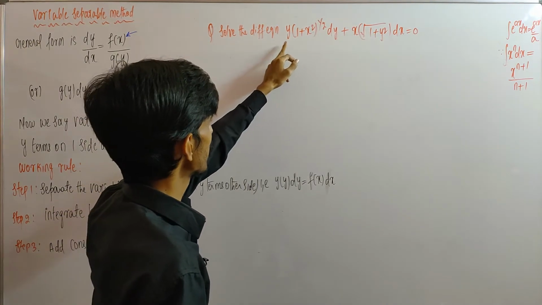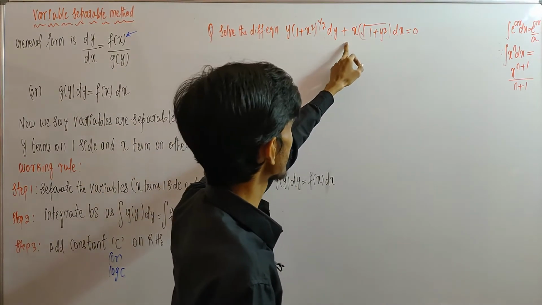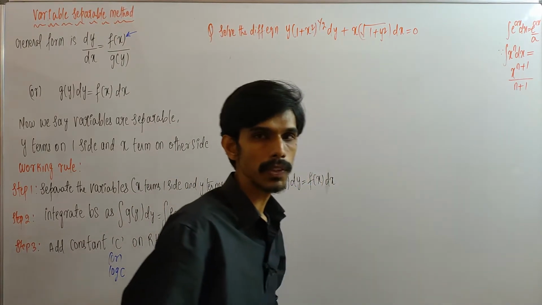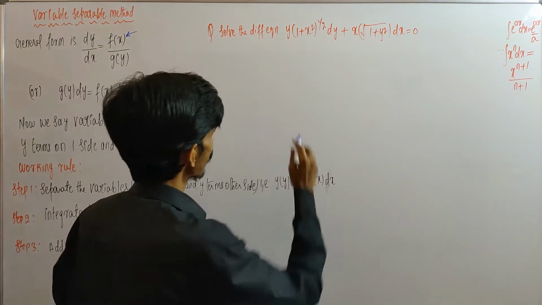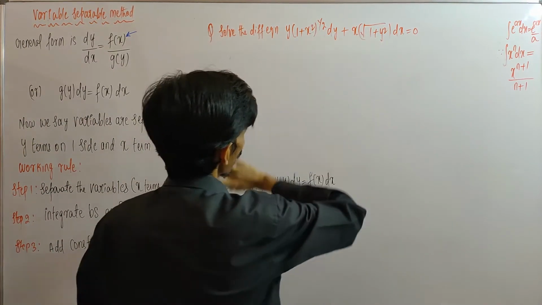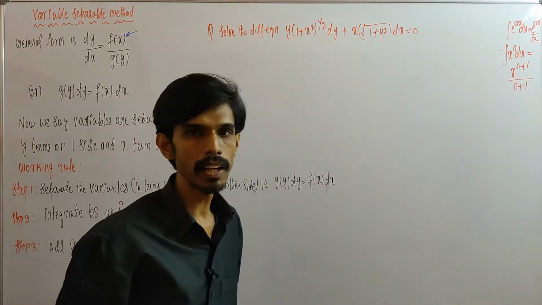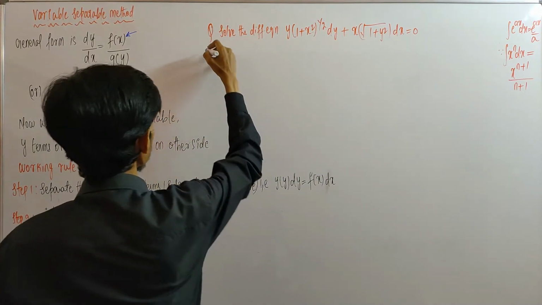Solve the differential equation y into (1 plus x square) whole power of 1 by 2 dy plus x into root over 1 plus y square dx is equal to 0. If we carefully observe this question, here we have x terms with y terms and y terms with x terms. So this can be converted into a variable separable form. Let us see here.